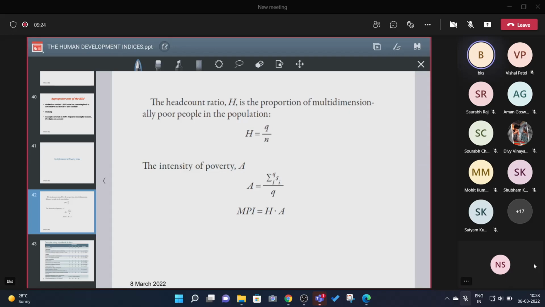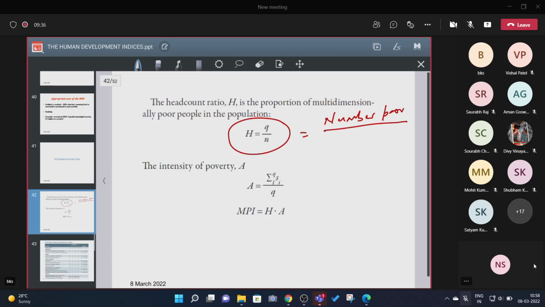One is the head count ratio. That is the number of poor upon your total population, where Q is your number of poor and N is your total population.